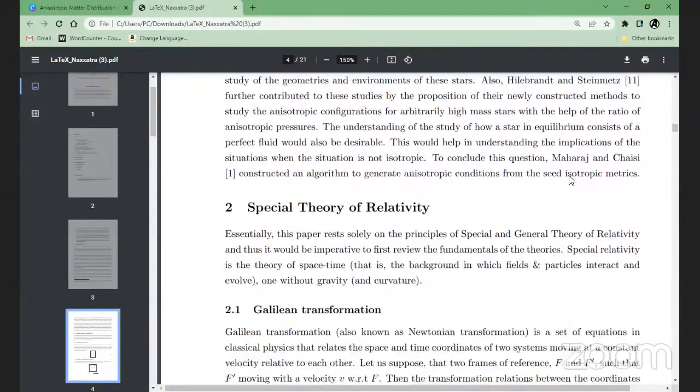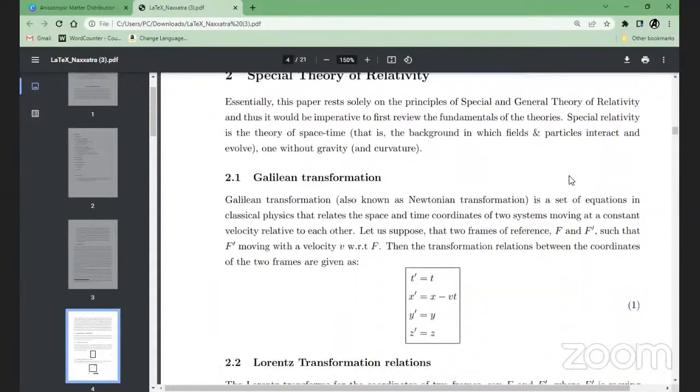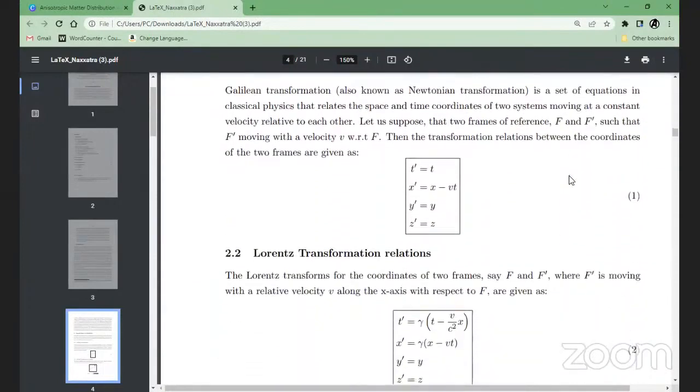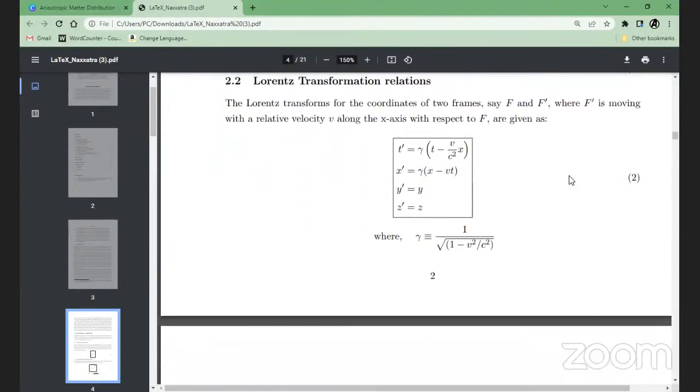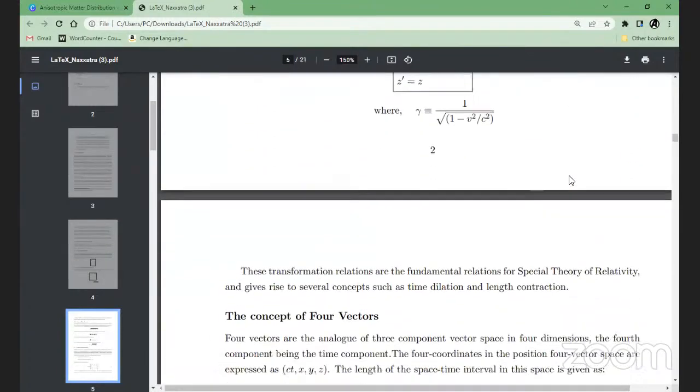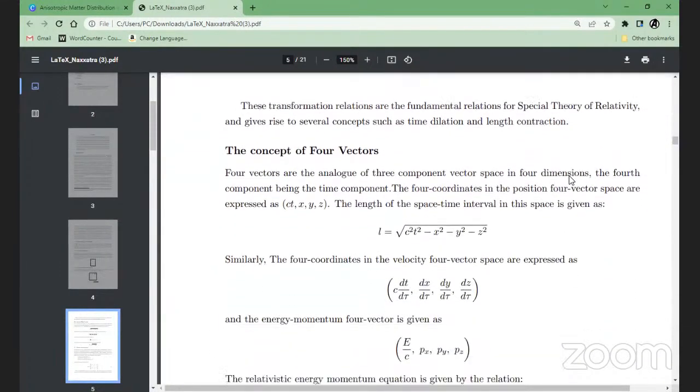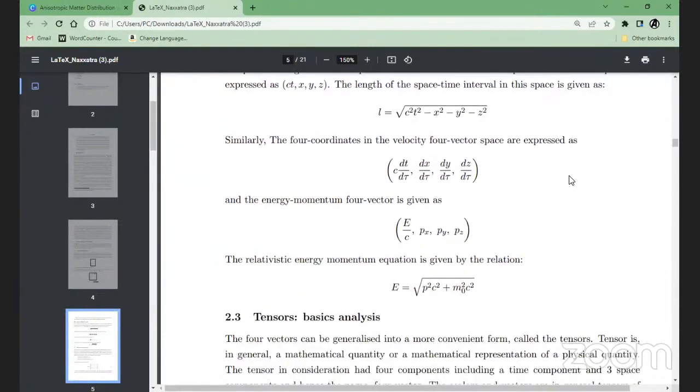That's all due to the way the line element was, and the algorithm that we have been talking about for so much is in the coming few slides.